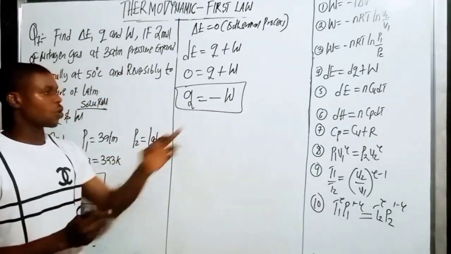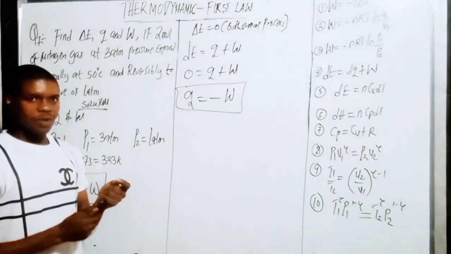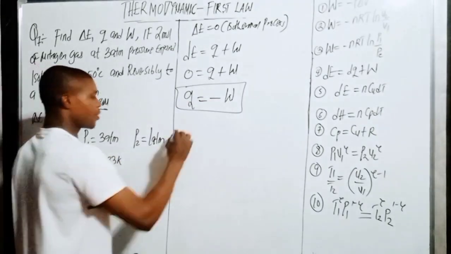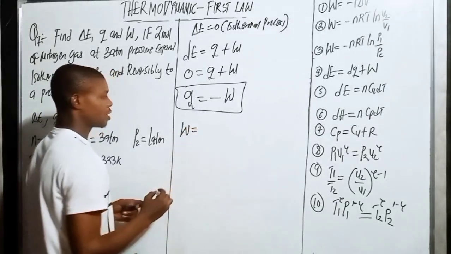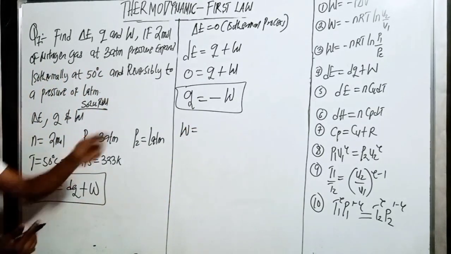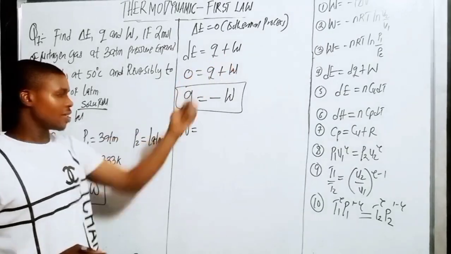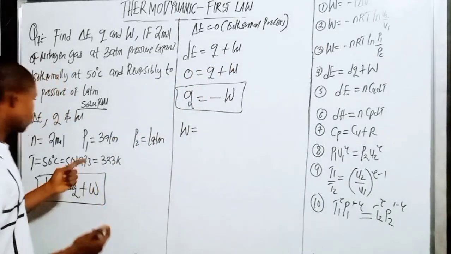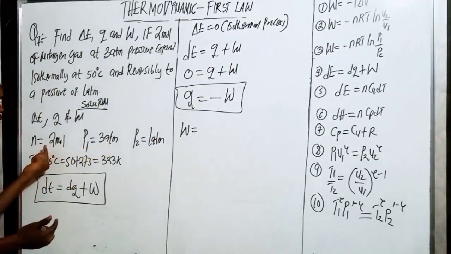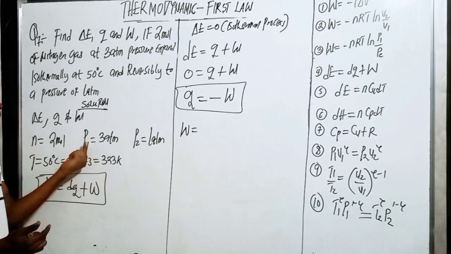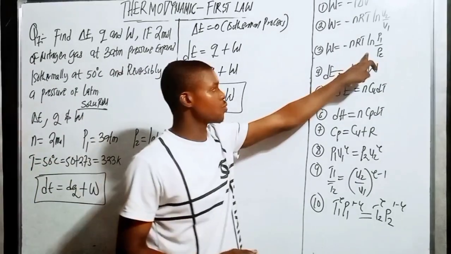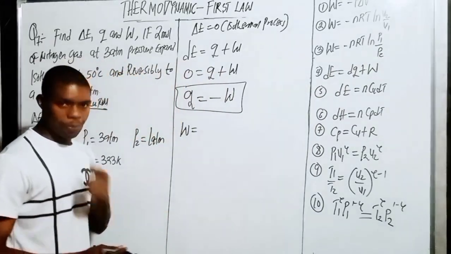So our mission here is to calculate W, the work done. Remember, if you're talking about expansion, we are using moles, temperature, and P1 and P2. You are still going to use this formula to calculate W. Hope you understand.